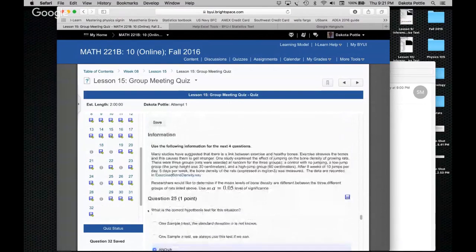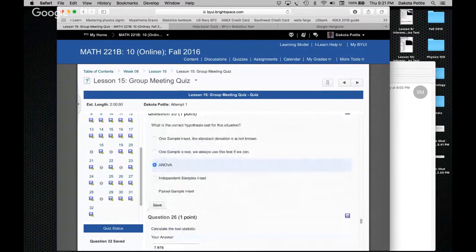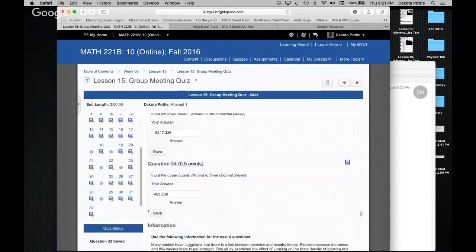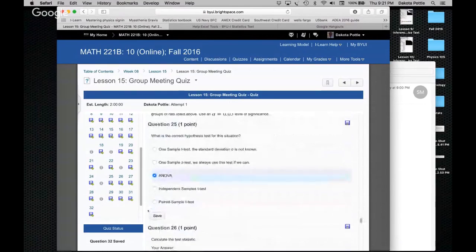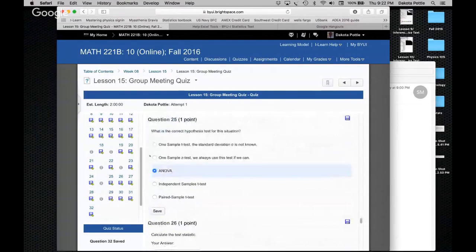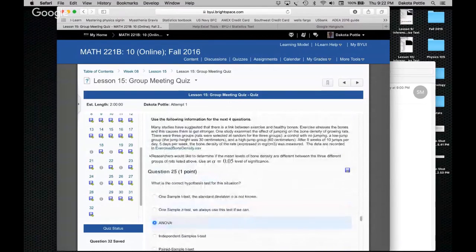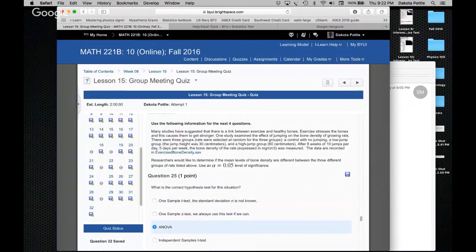So I will run through them with you here. Are we on 25 now? Yeah, 25. You can tell me the answers and what tests you ran, and then I'll go through them and do them afterwards. So question 25, I put ANOVA, because there's more than 2 groups that we're looking at.